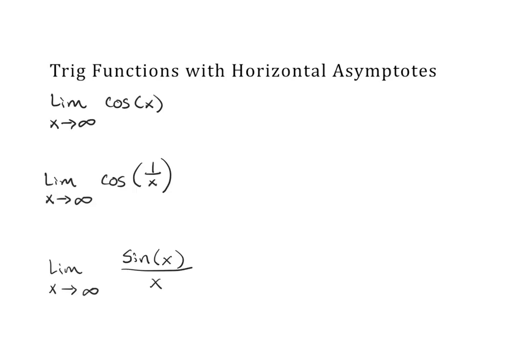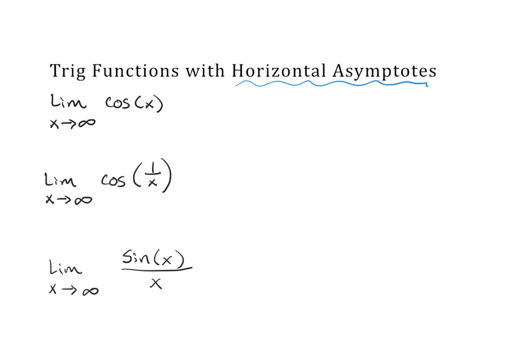But the last part of the video is looking at a few trig functions that have horizontal asymptotes. Okay, so here are 3 limits with trig functions, and one of them actually does not have a horizontal asymptote, and it's this first one.